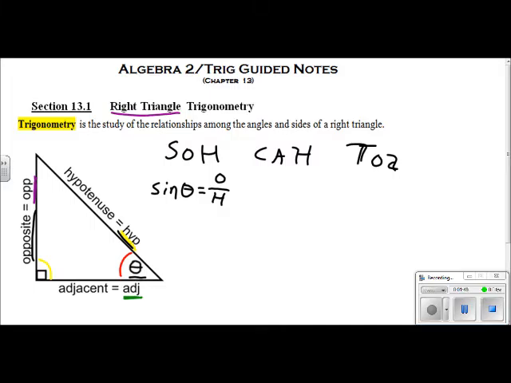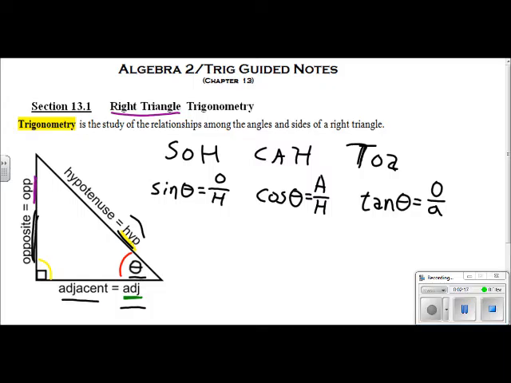CAH means the cosine of theta is the adjacent length over the hypotenuse. So again, whatever this value is, divided by this. And TOA means that the tangent of theta is the opposite over the adjacent. So this length over this length.